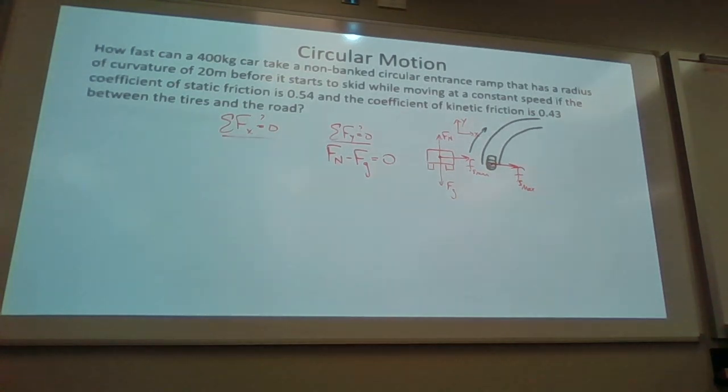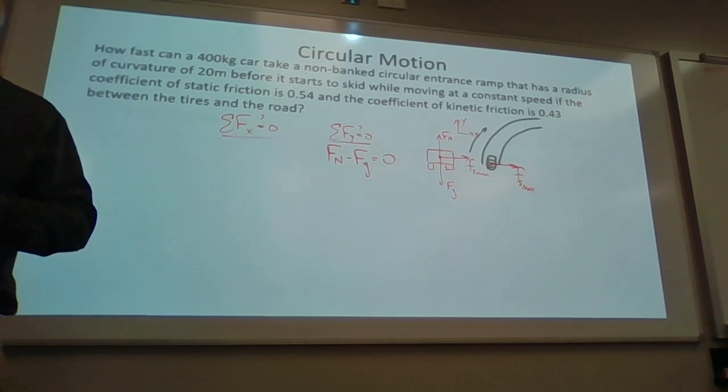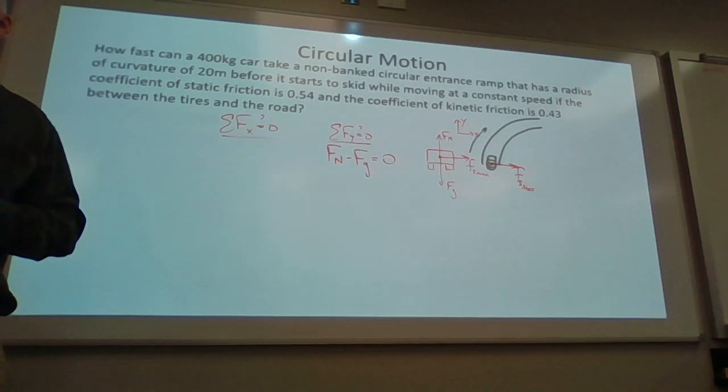is the sum of the forces equal to 0? No, why not? It's experiencing acceleration in that direction. But I thought it was going at a constant speed. It sure is.